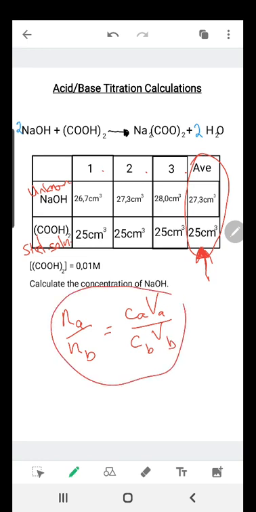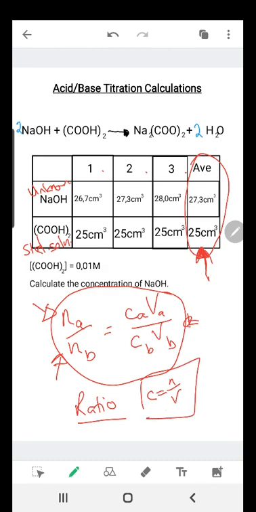This is a ratio, meaning that in terms of SI units, it's not necessary, because whatever units you use in the numerator and whatever units you use in the denominator, as long as those units are the same, they're going to cancel each other out. So for this particular formula, SI units are not necessary. However, if you're going to use the formula of concentration is number of moles over volume, here you are going to have to convert.